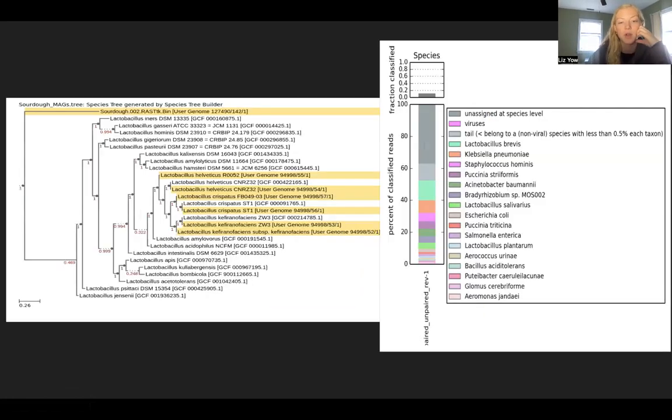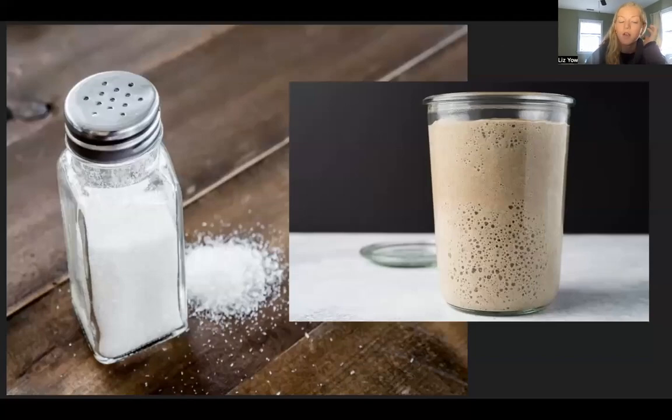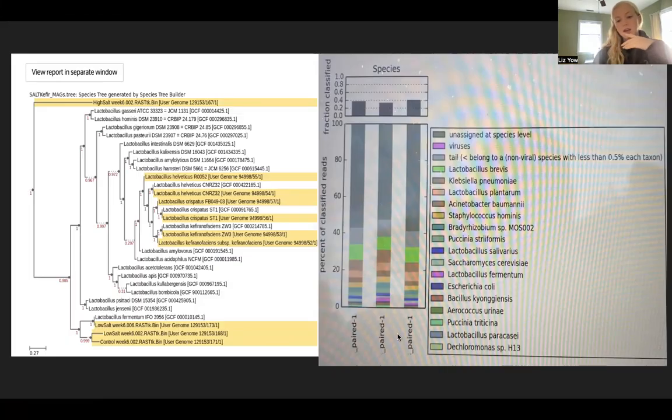Yeah, so parts of our original research question that weren't addressed. We were only able to evaluate two salt conditions, high salt and low salt, but we could have evaluated different levels of salt, like really low salt or really high salt, seeing what that checkpoint is to make this Lactobacillus fermentum show up.